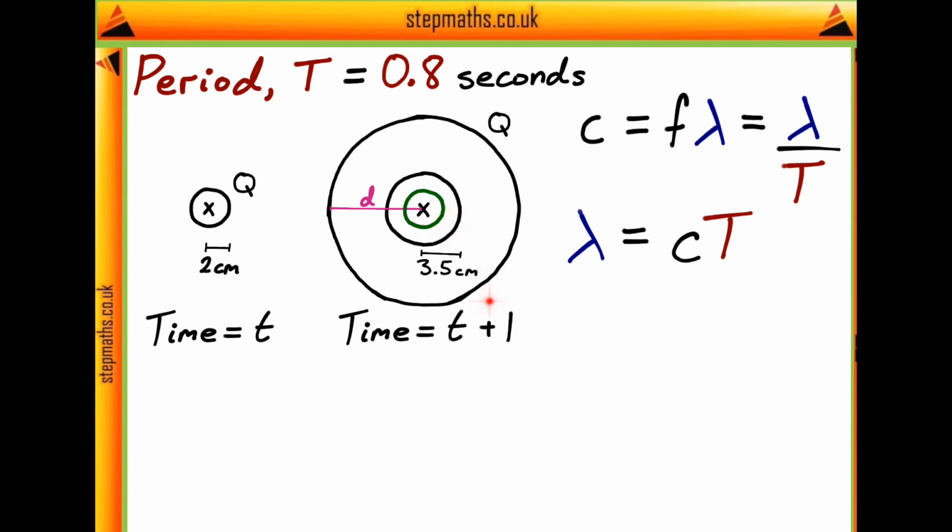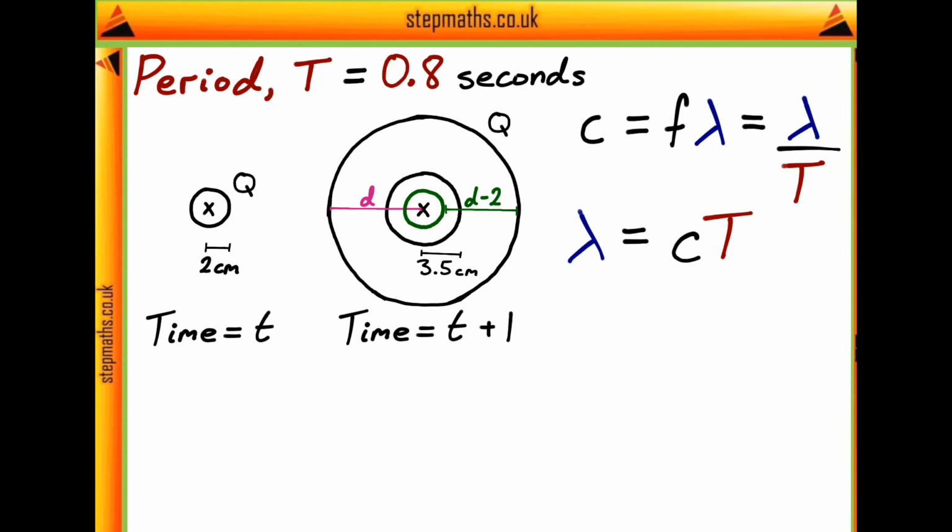So we know that in 1 second our wave Q has moved from this green position straight out to this outer line, and since it was initially 2 centimetres away from the centre of our circle, from our position X, this distance is going to be D minus 2. So it's going to be the total distance minus this 2 centimetres.